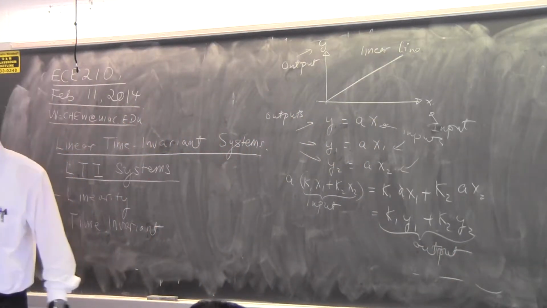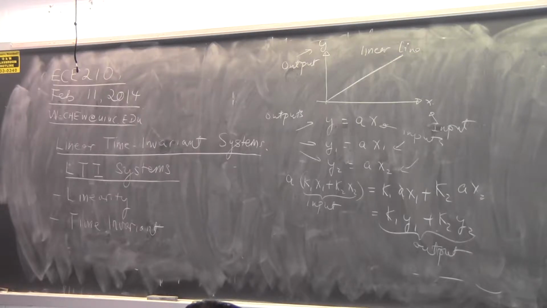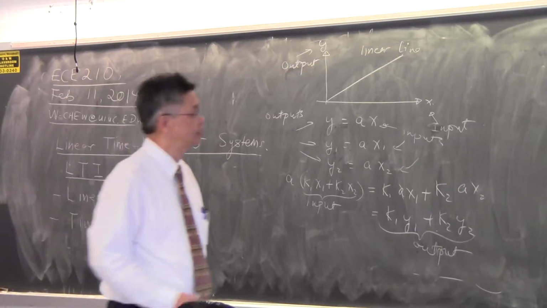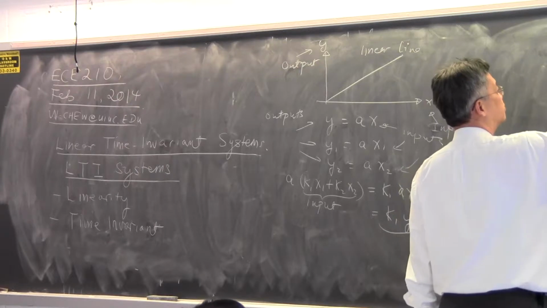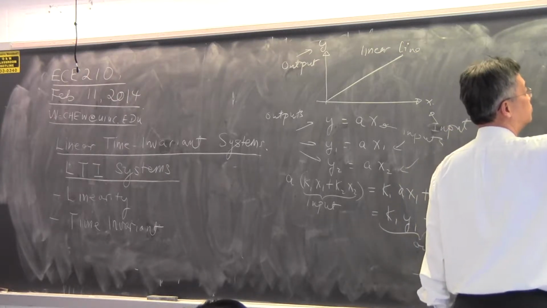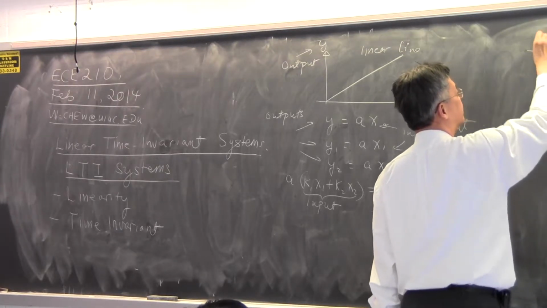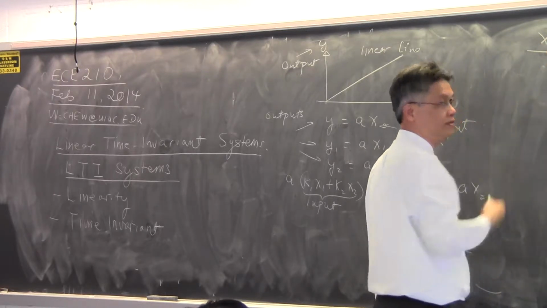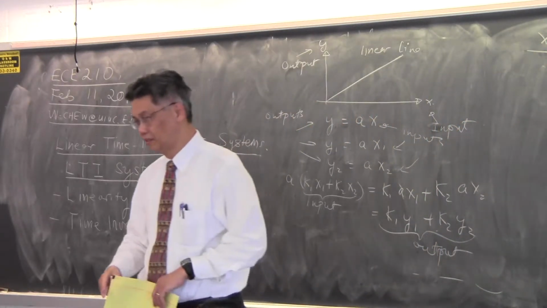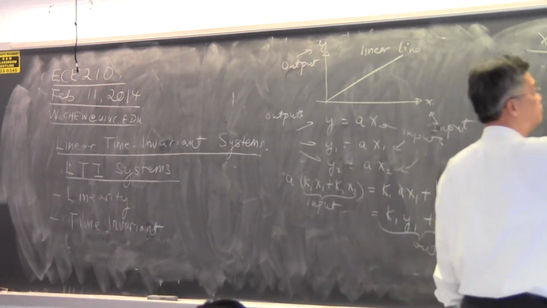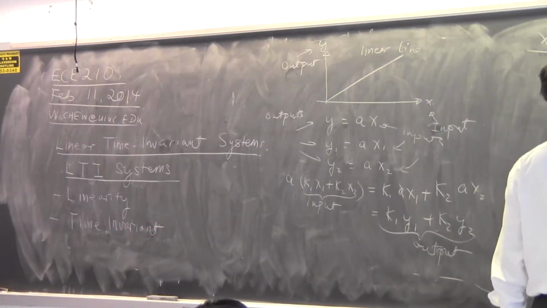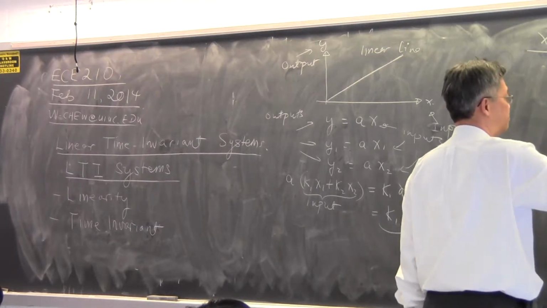This concept can be generalized not only to a variable, but to a function of time. If we have a system and my input is x of t, which is not a simple variable but a function of time, the output is y of t. We do two experiments.